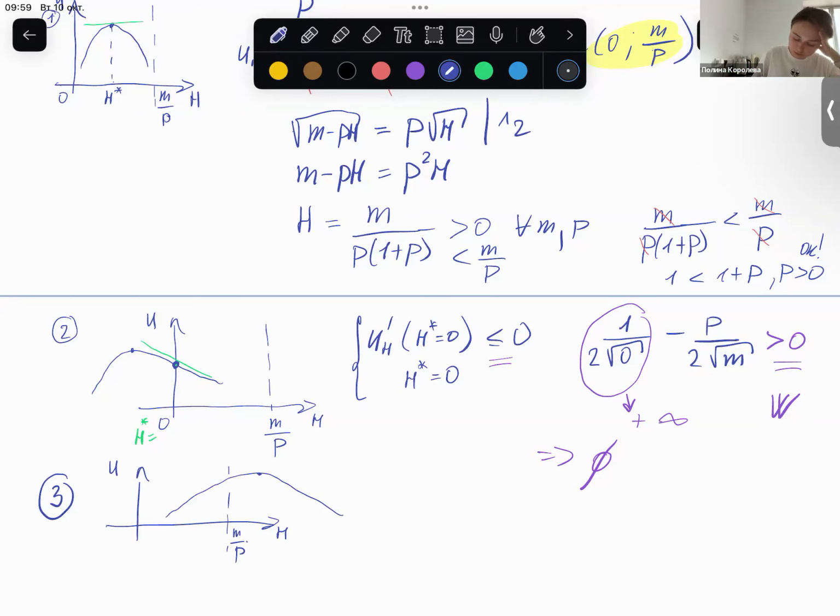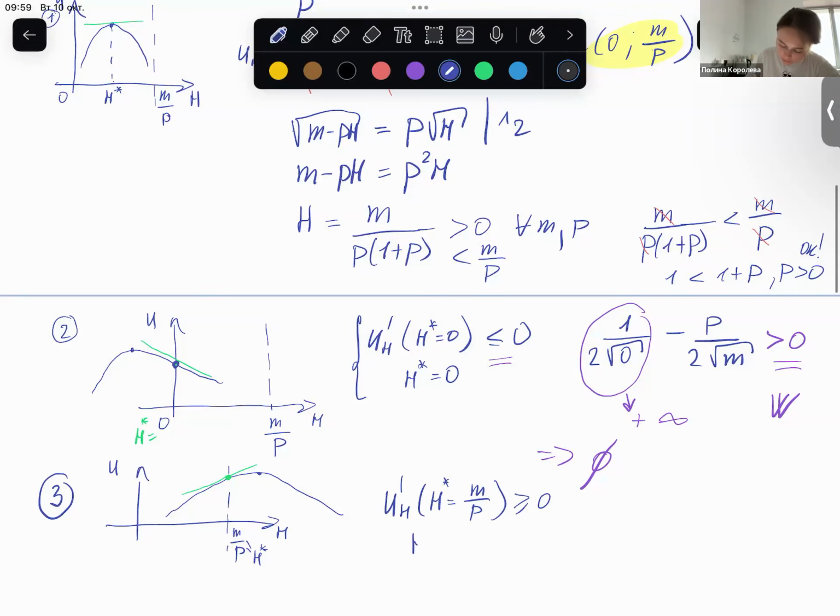That's why we will choose to spend all our monetary income on heating. And in this case, at this point, the tangent line to our utility function should have a positive slope. Yes, and we write down this. So the first derivative at the point where heating is equal to m over p should be greater or equal than 0. In such a case, our optimal consumption of heating will be equal to m over price.